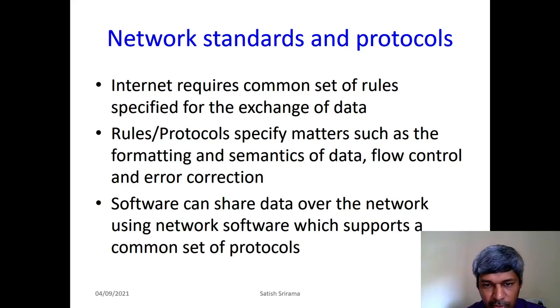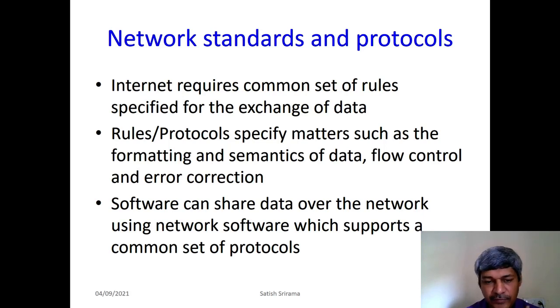The rules or protocols specify matters such as formatting, so how you format the data which you are sending to the other machine, and the semantics of data, what the data should contain, and flow control, so how the message should be going across these machines. And then what happens if certain data is lost, error correction. So all these things need some sort of rules specifying them. These are called the protocols.